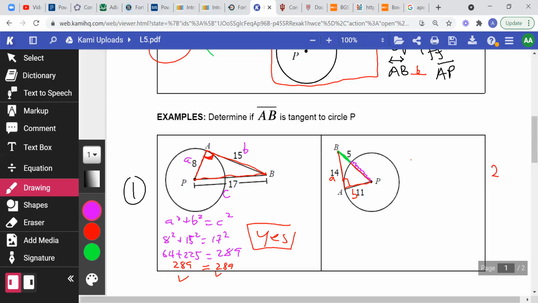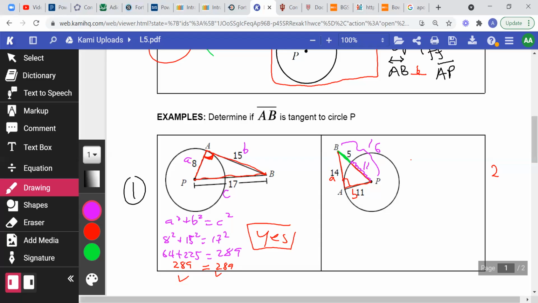Not green plus purple, just the purple side. The purple side represents a radius as well. What's the value of the radius here? 11, because AP is a radius, so the purple side from here to here is also 11. Then adding these two numbers gives 16, okay?